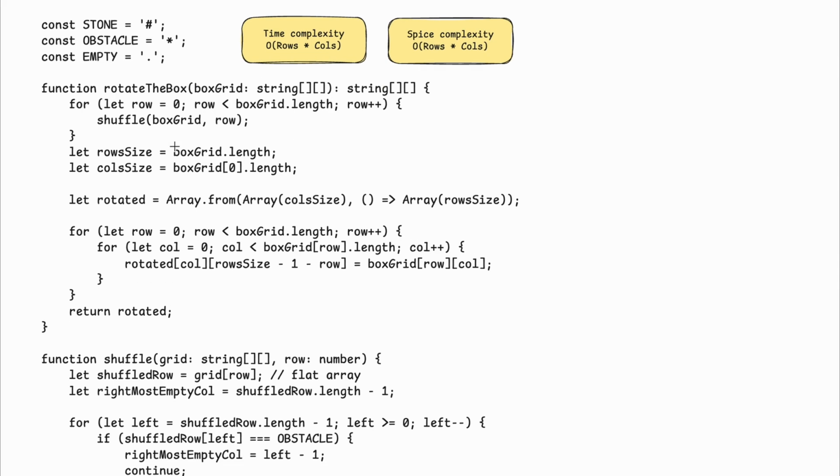So the complexity is to iterate over all of the rows, all of the columns, and transfer our matrix from one state to another, which we are doing in this piece of code. The space complexity is the same, because we create a new array, with different rows and different columns, but the total size of rows and columns is the same.